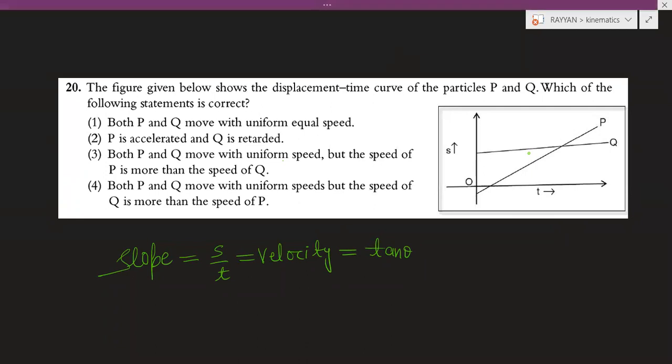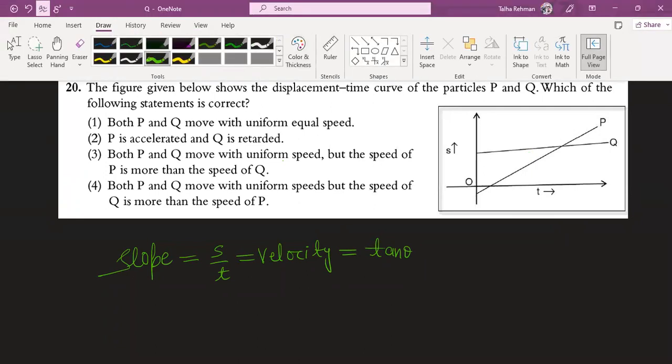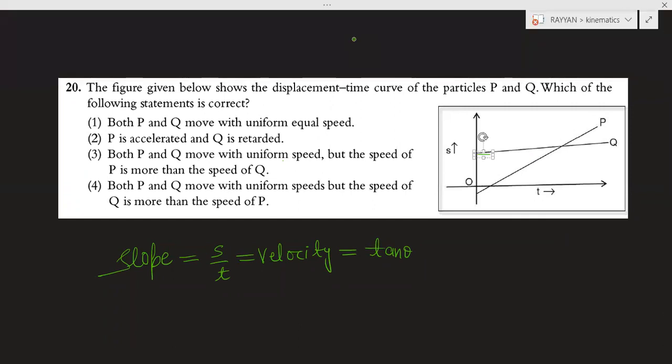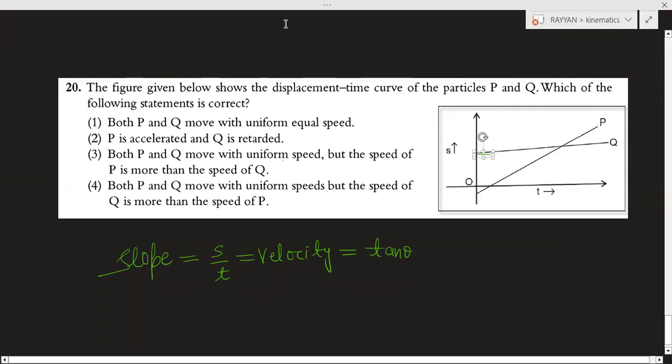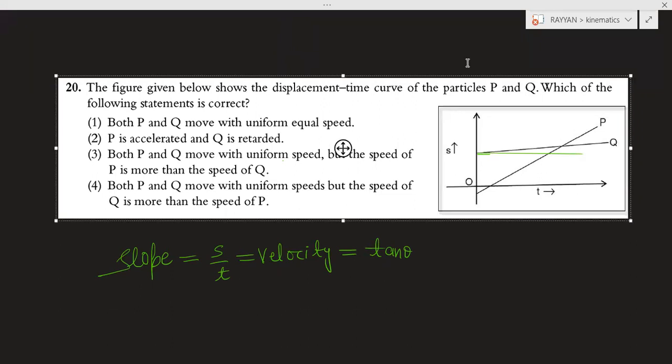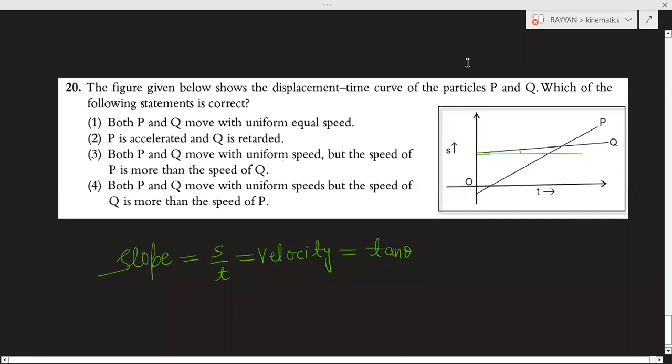So first we can find theta. Here there will be a horizontal line like this, and basically this will be the angle.